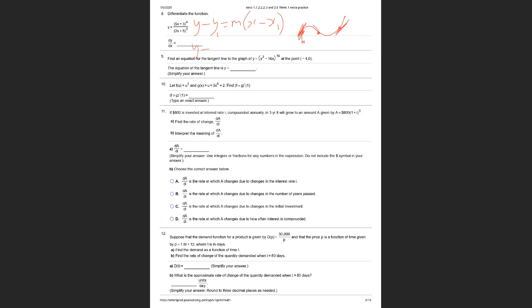So y minus y1 is 0, and I'm going to find the slope, but I don't know the slope. But I know that the slope is the same as the derivative. So this is going to be y prime evaluated at x equal to negative 4, parenthesis x minus x1. x1 is negative 4.